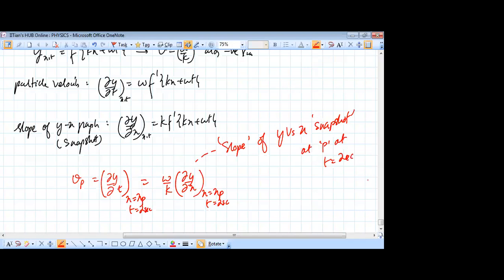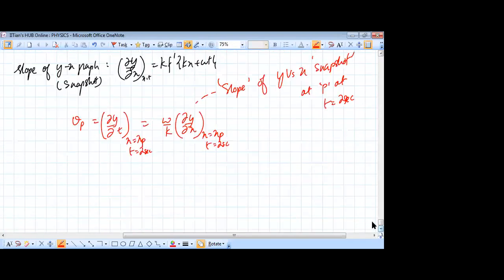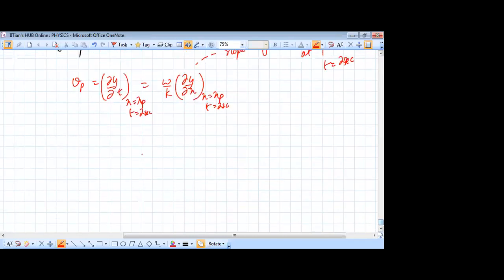So the snapshot that we've seen above at the time 2 seconds, at that leading edge point, what is the slope? It was in fact equal to -1. So the particle velocity should also become like this. The particle velocity should become omega by k times the slope. And that slope at that time was -1. So the particle velocity should be negative in direction and omega by k in magnitude.